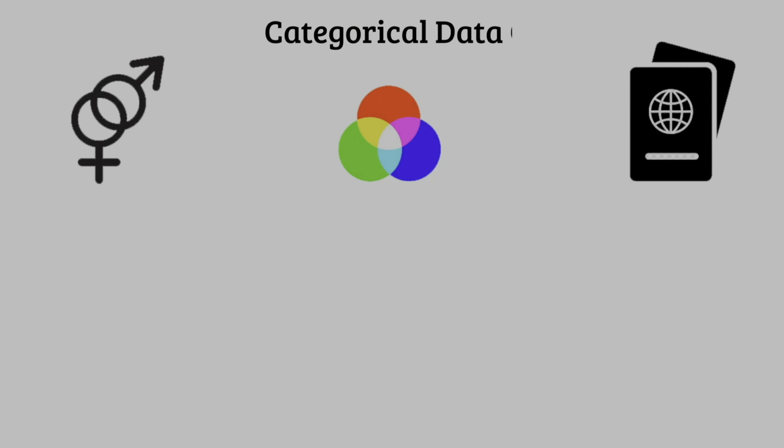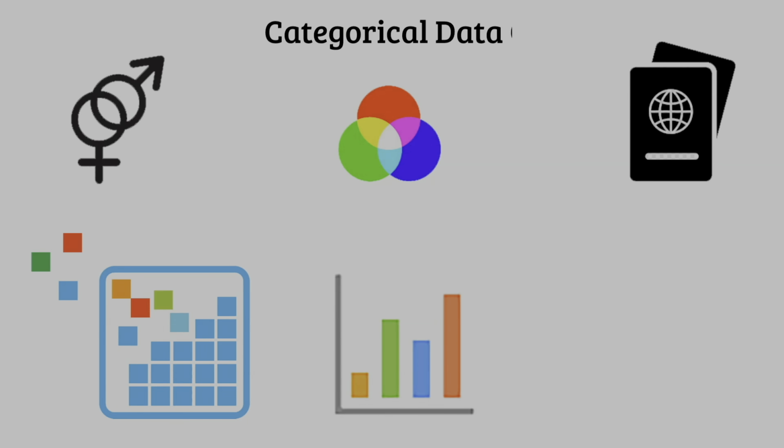Categorical data is often represented using labels or names and is typically analyzed using methods such as frequency tables, bar charts, or pie charts that reflect qualitative characteristics.